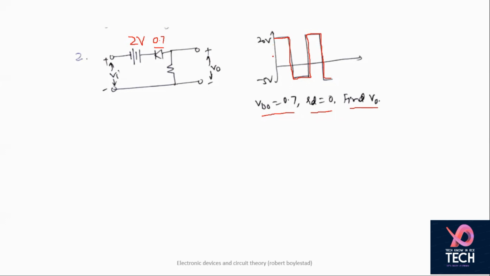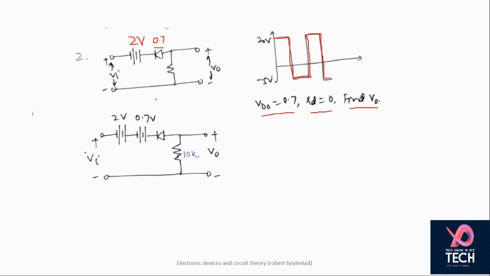Now, before coming to the solution, this diode needs to be converted into its equivalent model. Here you can see the 2 volt source is written as it is, and the diode is represented by a voltage source and an ideal diode. We start working after this conversion.